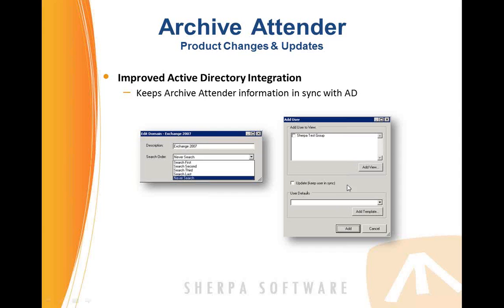We've also added the option to keep users in sync and also groups of users in sync. That means the service will go out, periodically pull the Active Directory, and pull any of those changes, maybe Exchange mailbox changes for example, into the Archive Attender environment for synchronization. We did support this kind of functionality before, but it was hidden in those automated searches, and it was a little more difficult to explain to people.